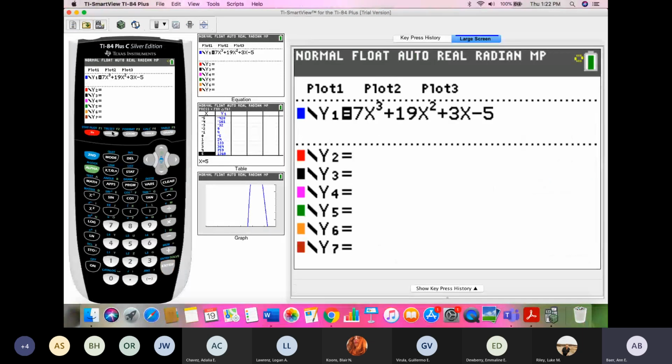So y equals, use clear button to clear that out.